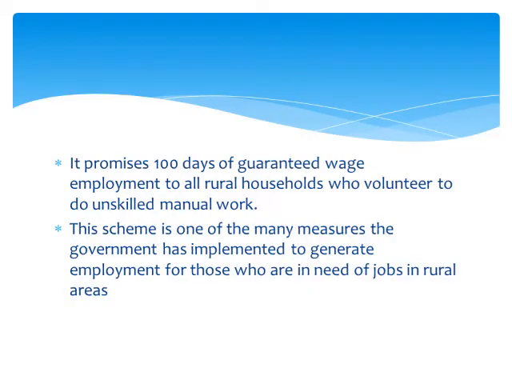It promises 100 days of guaranteed wage employment to all rural households who volunteer to do unskilled manual work. This scheme is one of the many measures the government has implemented to generate employment for those who are in need of jobs in rural areas.